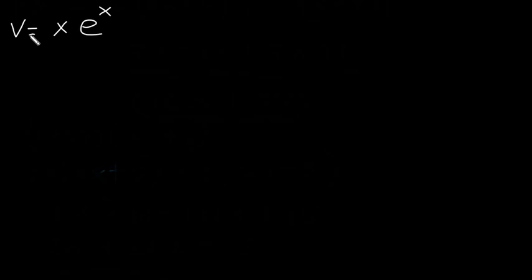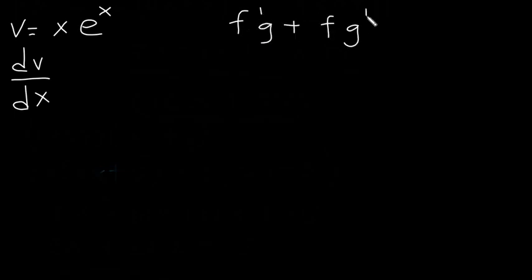Let's try to work out the derivative of this function, dv over dx, using the product rule. So let me write down the product rule once again. So we have f prime g plus f g prime.